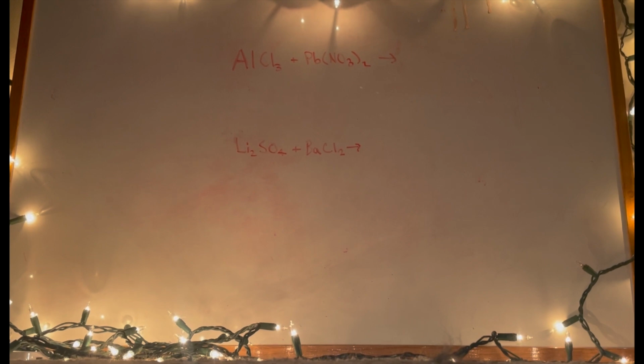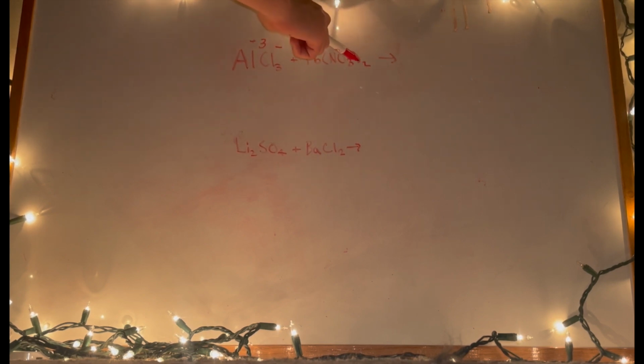All right, so I have 2 example equations here. So we're just going to start with aluminum chloride and lead nitrate. So as you can see, the chloride has 3. Now typically that means, because there's not naturally just going to be 3 chloride, that aluminum has a charge of +3, and chloride has a -1 charge.